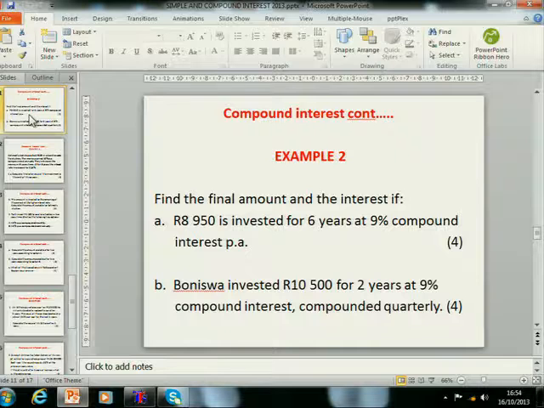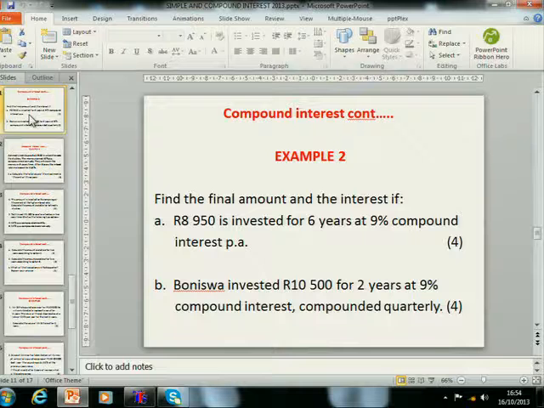Find the final amount and the interest if 8,950 is invested for 6 years at 9% compound interest per annum.